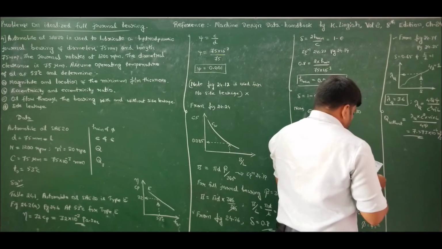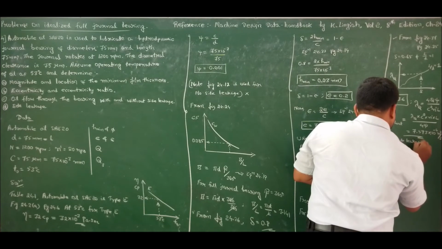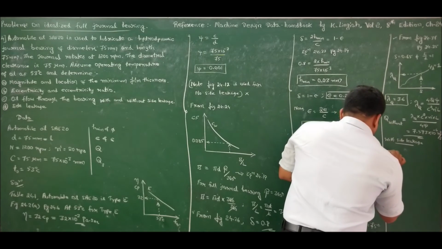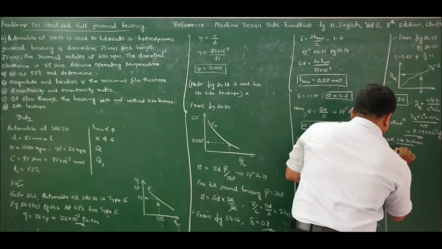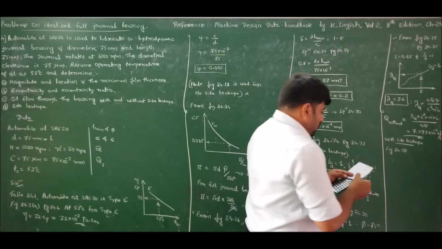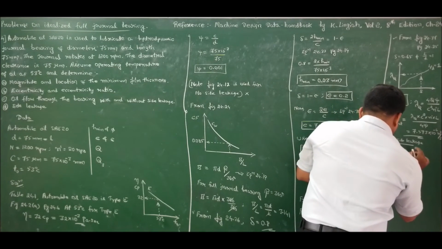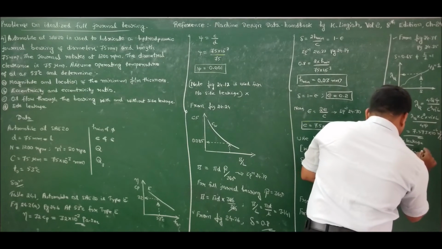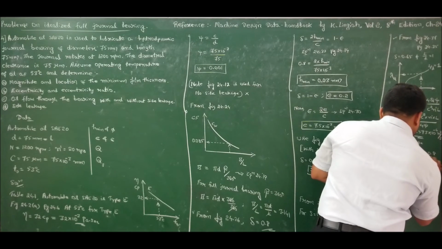Now to find the flow rate with side leakage, refer to figure 24.38, which gives us the ratio of flow with side leakage to without side leakage, that is, for delta equal to 0.8 and b by l equal to pi.